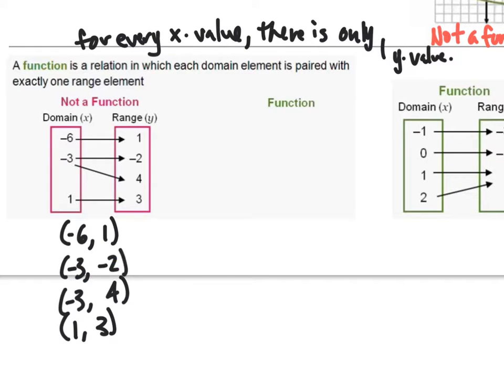And at the same time, if I plug in -3, I also get 4. What does that look like on a graph? Well, you can just plot them as a point. Okay, -6, 1. You got a point here. -3, -2 is a point down here. -3, 4 is a point here. Those are connected by a vertical line. We'll talk about that, but that's a good question.